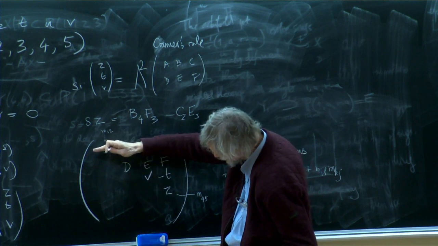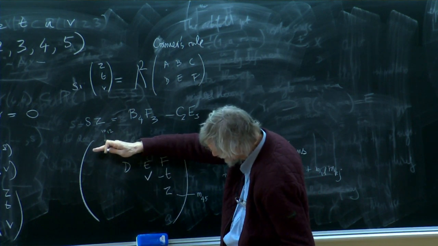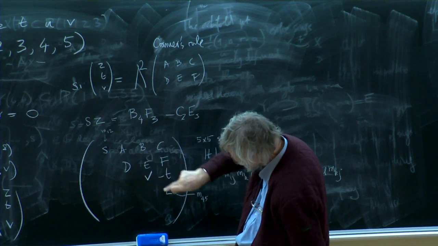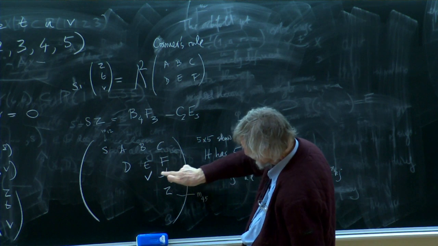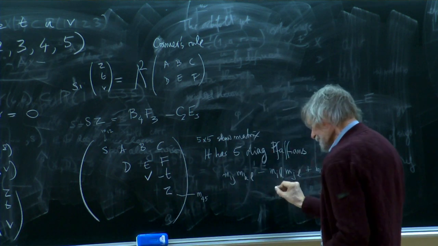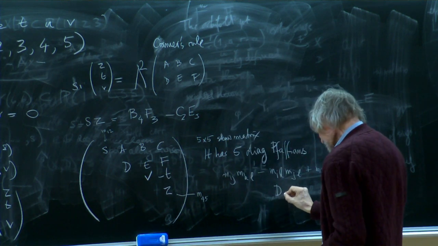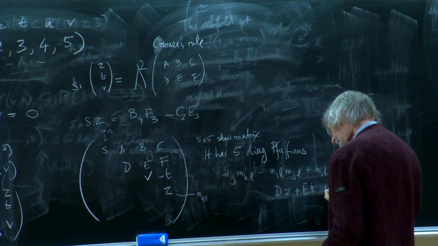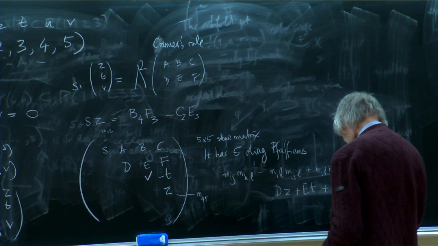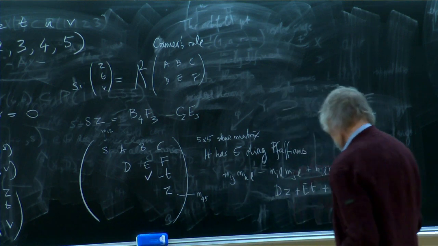So let's start by writing down the ones that don't involve S. If I cancel that line, I'm supposed to write down D times Z minus E times minus T, and then plus V times F. So I'm writing down D times Z plus E times T plus F times V equals, yes?